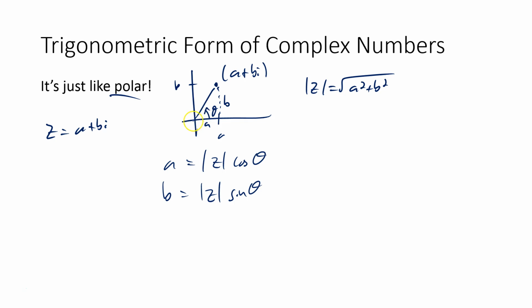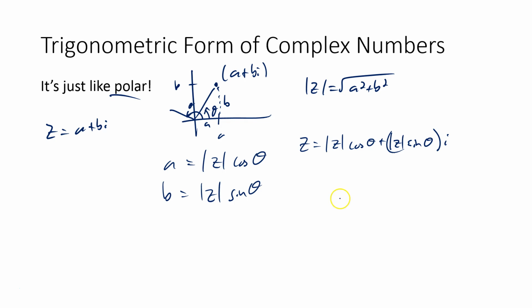And that would be true anywhere that you are, as long as you think about theta measured from standard position. So that means that z can be written a plus bi, so that's modulus z cosine theta, that's our a, plus modulus z sine theta, and then we have to have an i at the end.